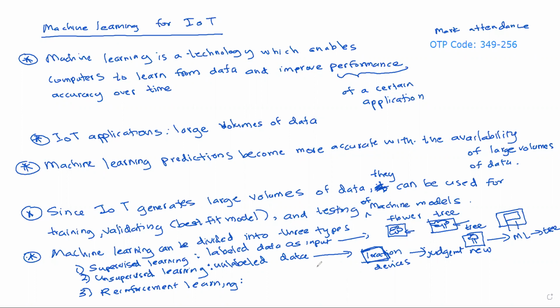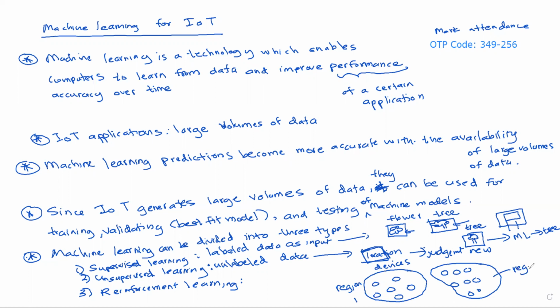So if we have data regarding the locations of multiple devices, and location data of devices which are in another location, then using unsupervised learning, we can say, okay, these devices are in region 1, and other devices which are located further away are in region number 2.